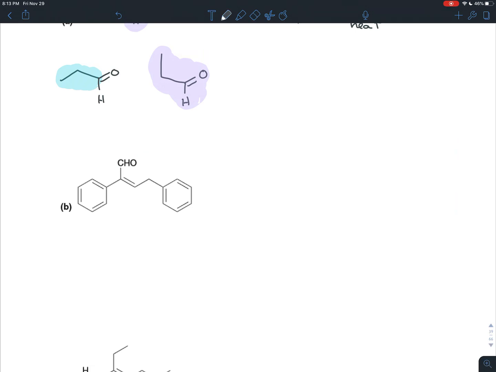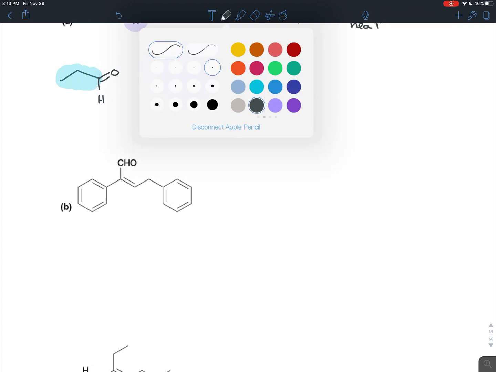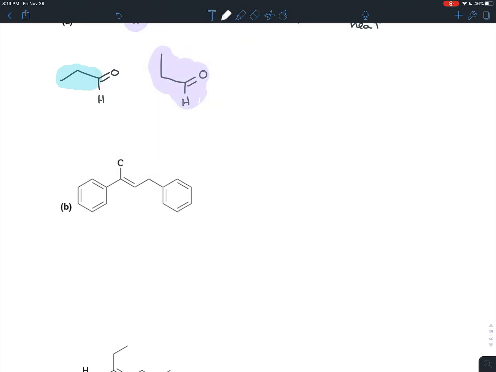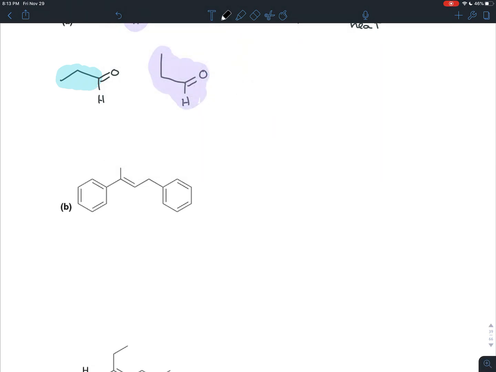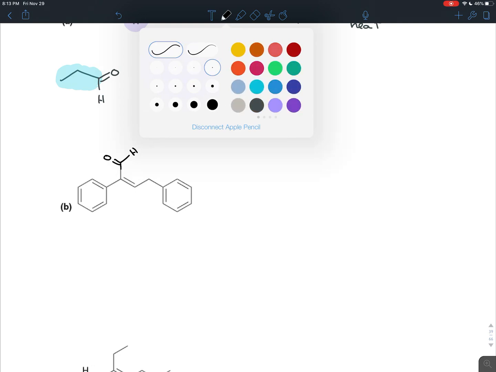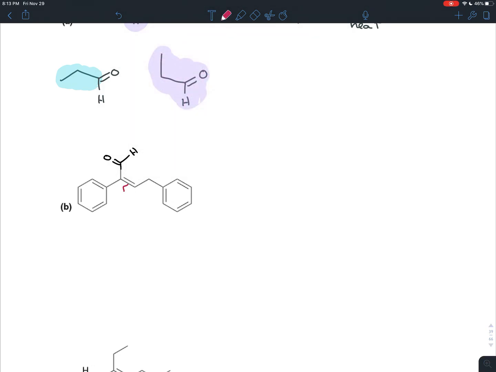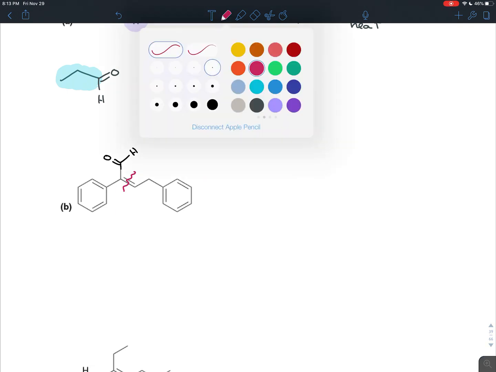So this here is really, and let me draw over it with what it really is. You would have the carbon there, and then an H. So that CHO would really look like that. What you want to do is draw a squiggly line through the alpha-beta unsaturated bond.